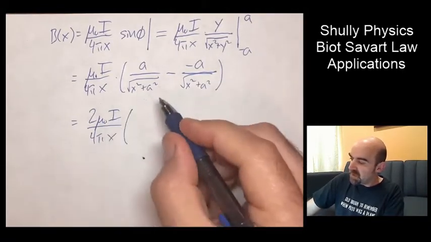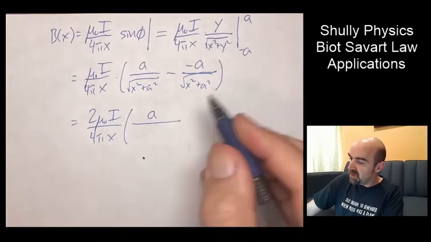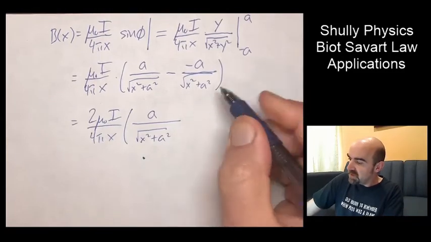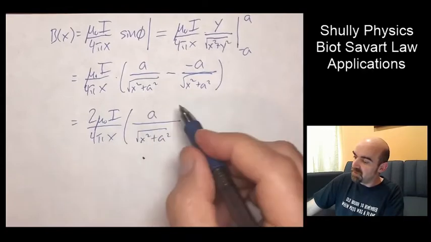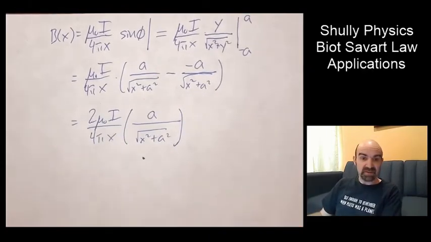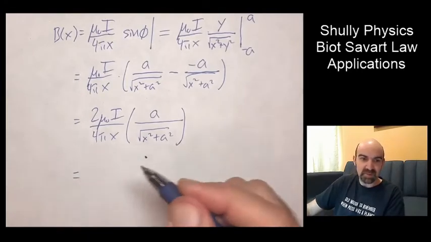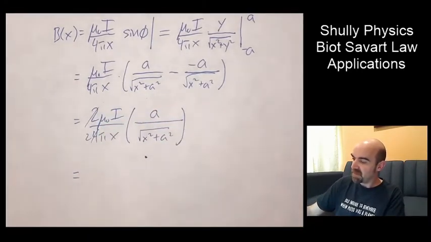And I brought the 2 out already. So the only thing up top is we're going to have an a over root x squared plus a squared. So this plus another one is 2 of them. There's the 2. And it simplifies down to this. Actually, we can do one more step of simplification. Get rid of that 2. Okay.